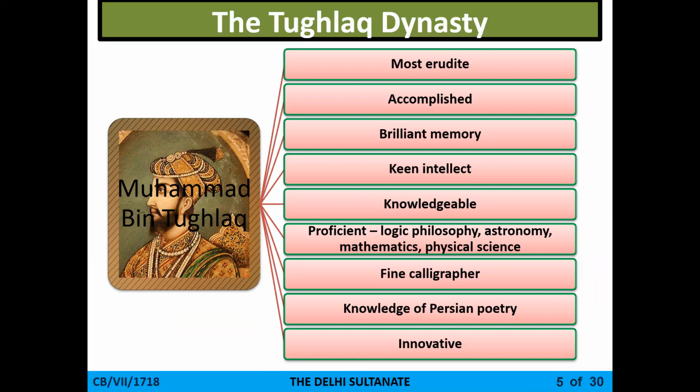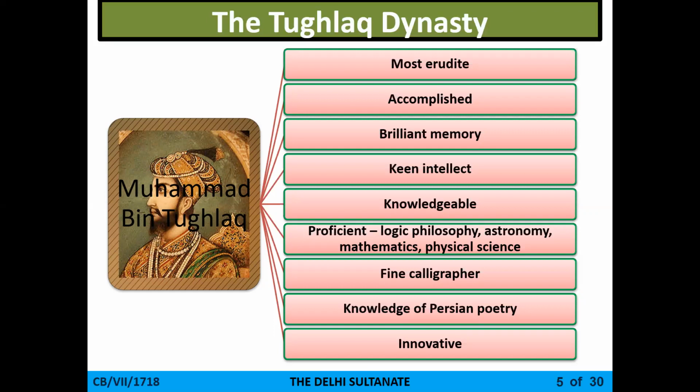He had a brilliant memory, a very keen intellect, and a great capacity for assimilating knowledge. He was proficient in different branches of knowledge such as logic, philosophy, astronomy and mathematics. Really, it is appreciable that one person is proficient in so many fields.